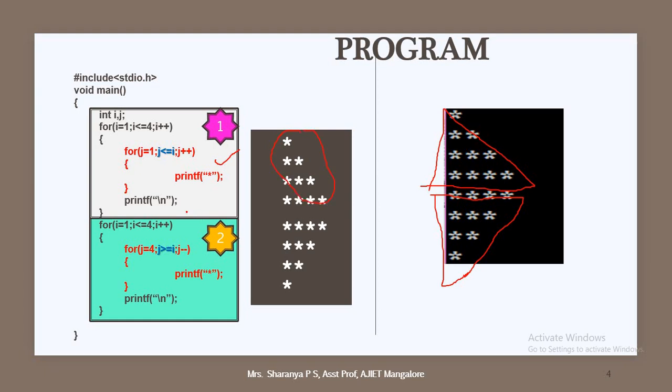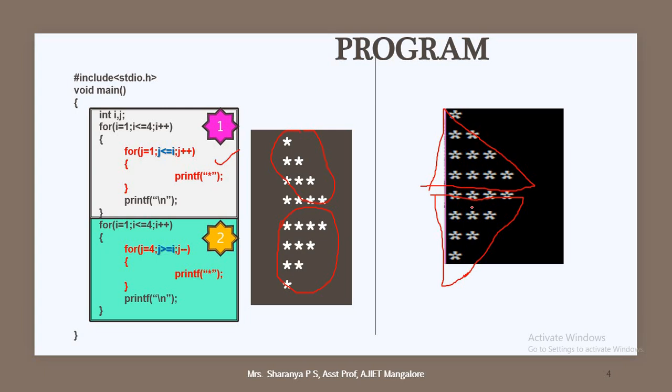Next we will write the second code we have come across, to print the second part of the output. Here it will begin with the I value. There are a total of 4 different rows, and I will begin with 1 and extend till 4. Let us fix the first for loop, and we will make the changes to the second for loop.